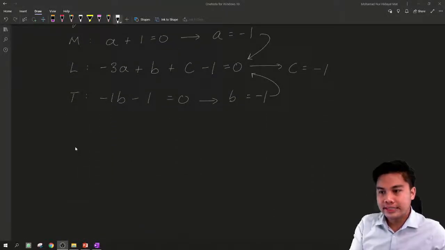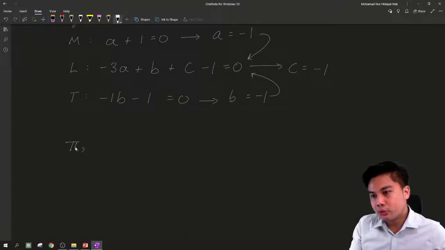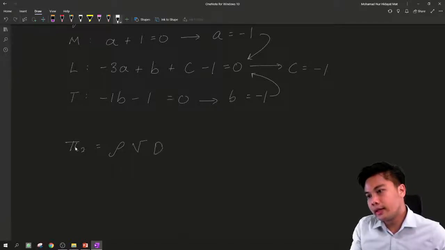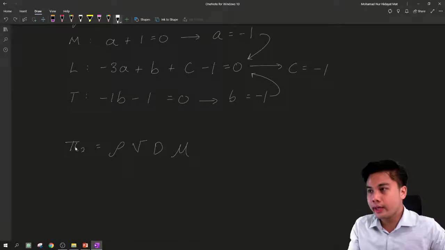Then, based on this, write it back. The pi term number 2, previously, is rho V D and this is mu. Remember, this is A, this is B, and this is C. So our A here is negative 1, B here is negative 1, and C here is negative 1.